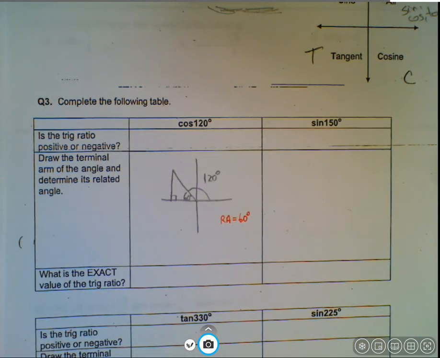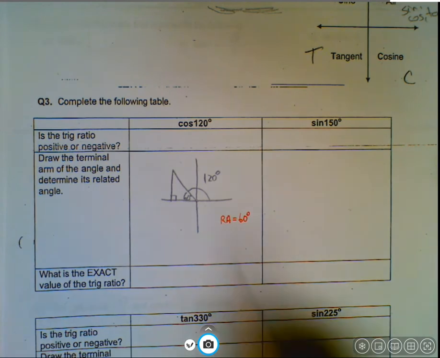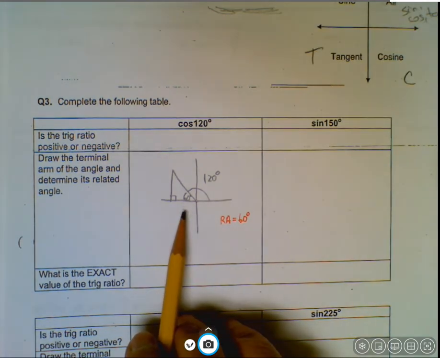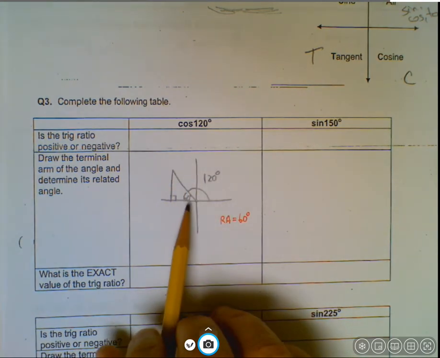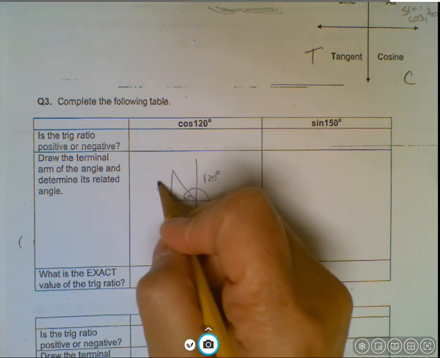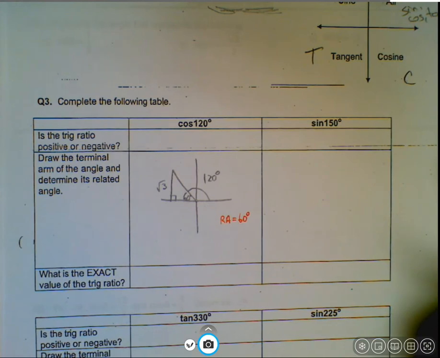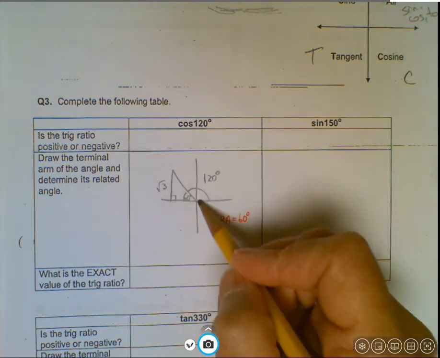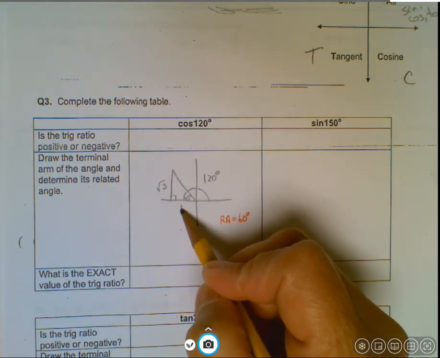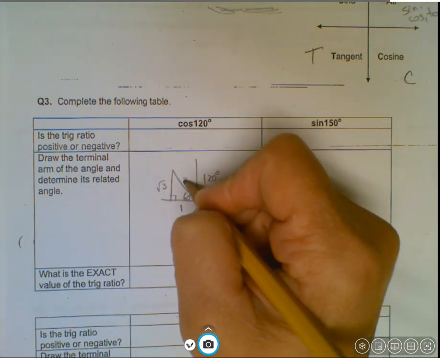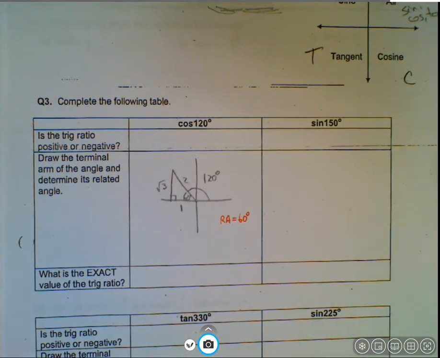Now, I still don't have any side lengths, but I know something because 60 degrees came from a special triangle. And in the special triangle with the 60 degrees, the side across from it was root 3, right? That's the opposite. The adjacent side is a 1, and the hypotenuse is 2. So what I've done is I've drawn my special triangle with the 60 degrees in quadrant 2.